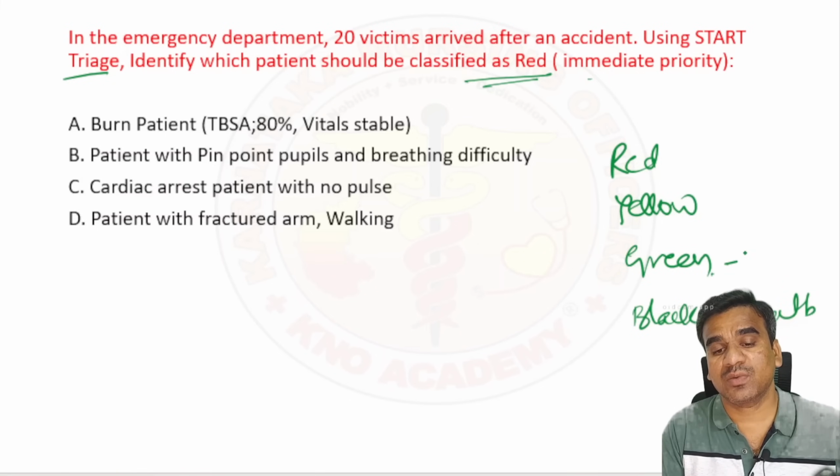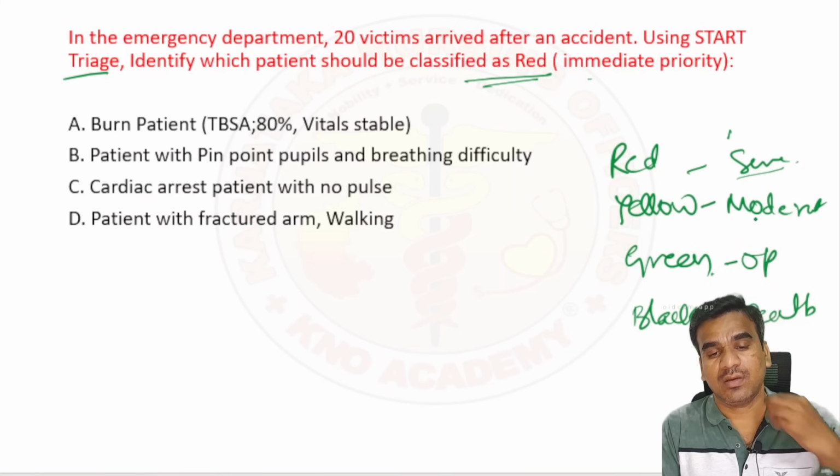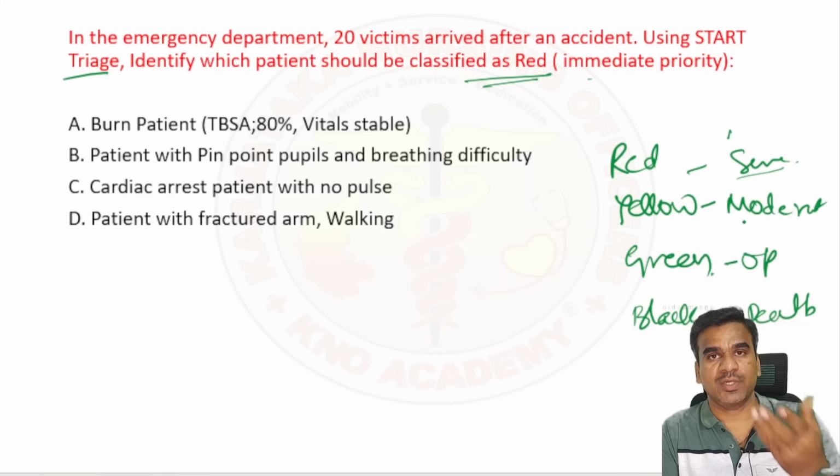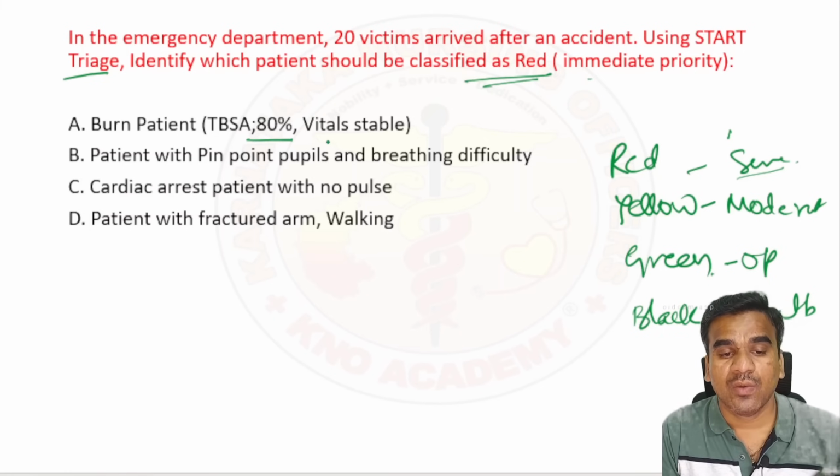Yellow is moderate emergency, urgent. Here we see a burn patient with 80% total body surface area, vitals stable. So this will go yellow.